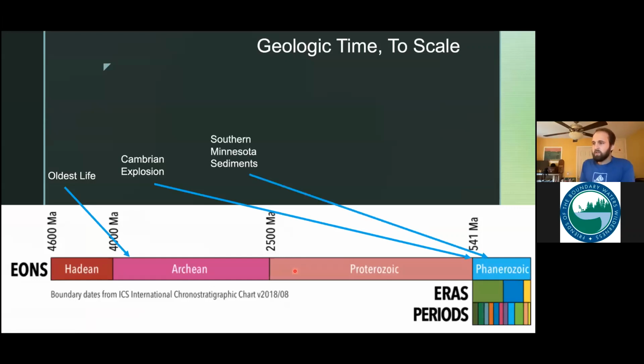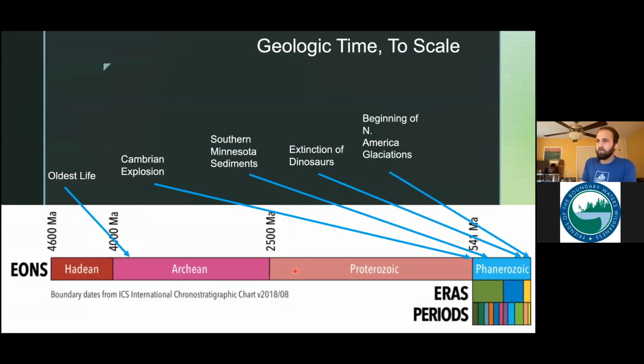The southern Minnesota sediments at about 400 million years ago. The extinction of the dinosaurs at 66 million. The beginning of North American glaciations at 2.5. And then people. So you can see that a lot of the milestone events are tightly clustered in the more recent past. And we actually don't know all that much about what happened in the deep past.